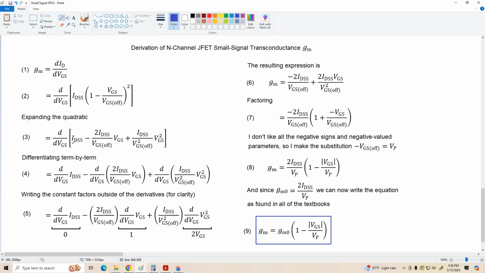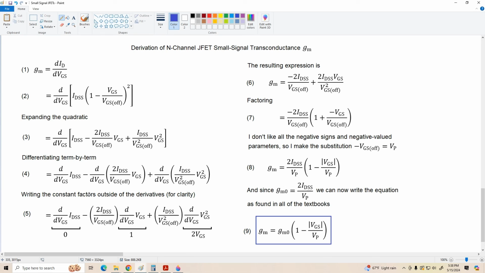All right, we're going to take the derivatives term by term. So we've got the derivative of IDSS, the derivative of negative 2IDSS over VGS off times VGS, and the derivative of this squared term, okay?